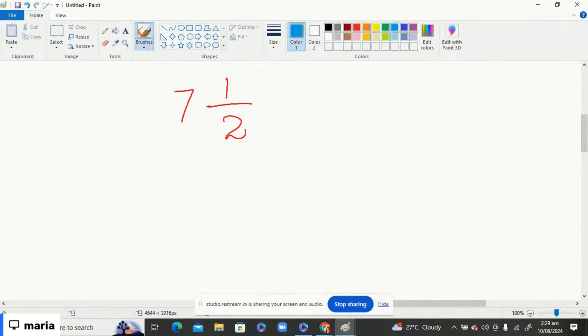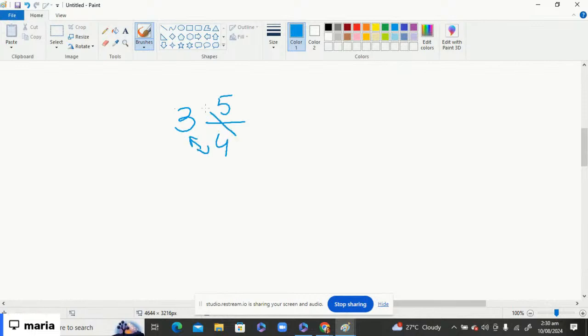So how can we solve this mixed fraction? Just simply multiply these two numbers and add up the numerator. 2 times 7 is 14. 14 plus 1 is 15 over 2. Got it? Let's do another example: 3 and 5 by 4.